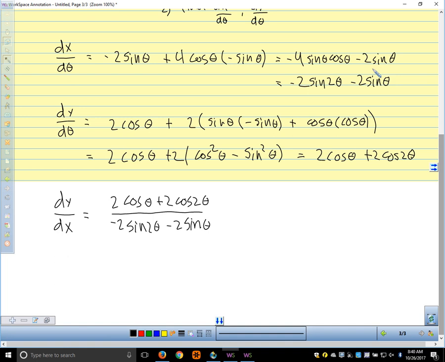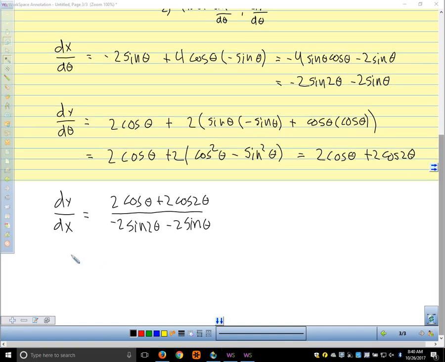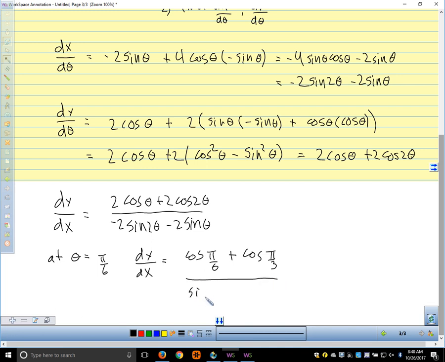All right, so at pi over 6, dy dx is cosine pi over 6 plus cosine pi over 3 over negative sine pi over 6 minus sine pi over 3.